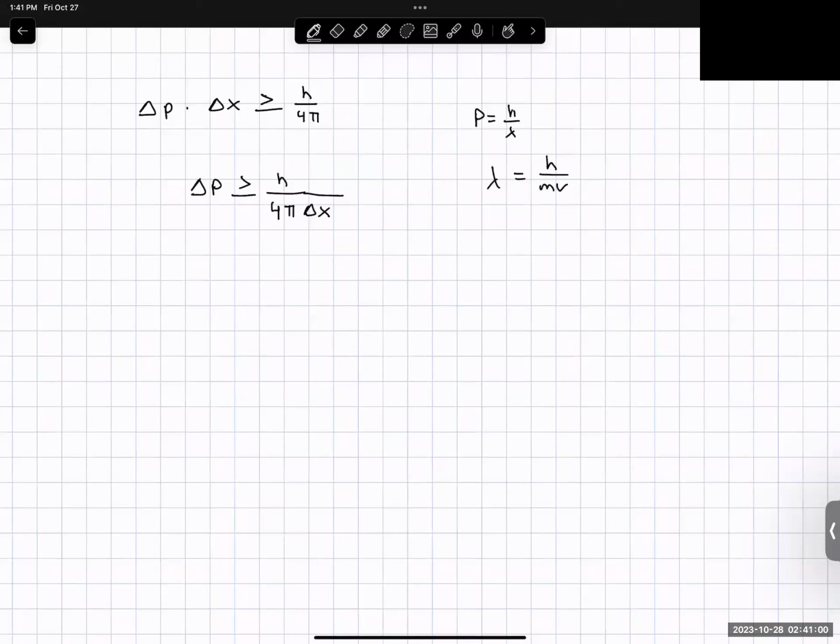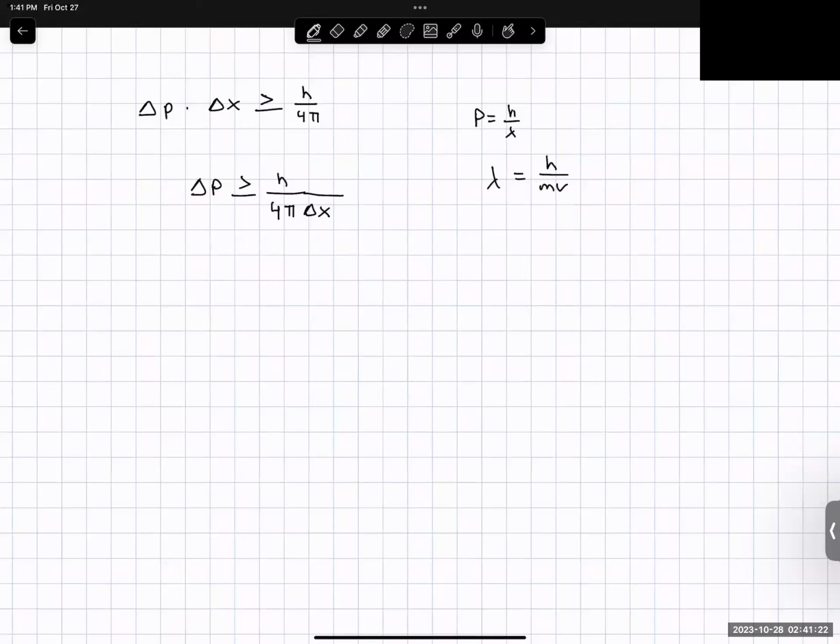Since mass is in the denominator, the larger the mass, the smaller the wavelength. That's exactly why David's not dissipating out of this room right now, because David has a relatively big mass compared to the electrons. Thus, the wavelength for David is very small in comparison to the wavelength of an electron.